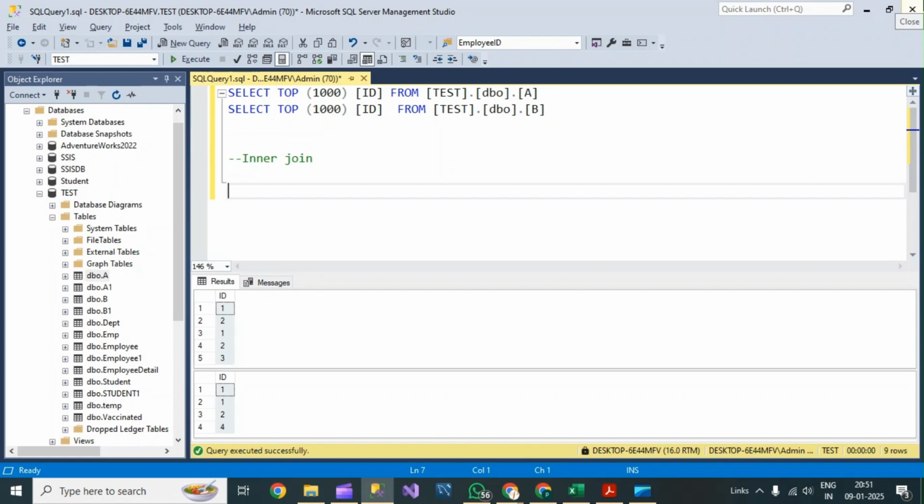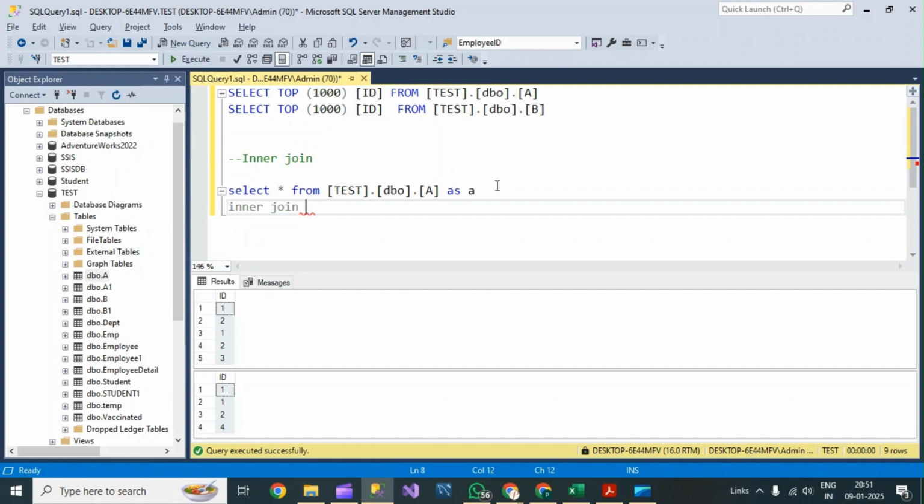So can anyone tell me how we can write a query? Select star from table A, alias it as A, then inner join table B, alias it as B, on A.id equal to B.id.